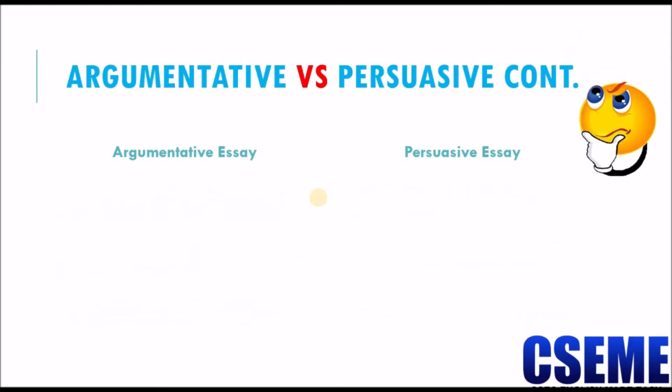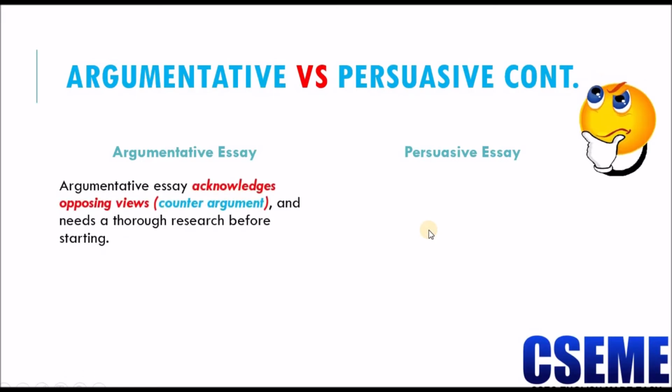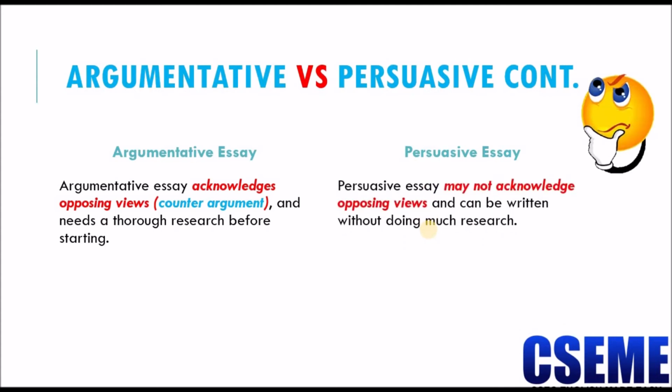All right? The next thing we're looking at is that, most importantly, for the argumentative essay, you will present counter arguments to your point. Opposing views, you acknowledge them, and in acknowledging them, you're going to strike them down. We're going to talk about it a little more coming up.